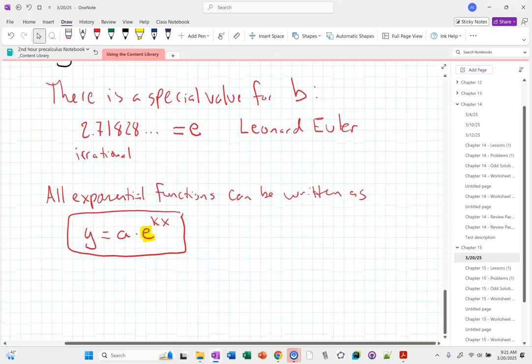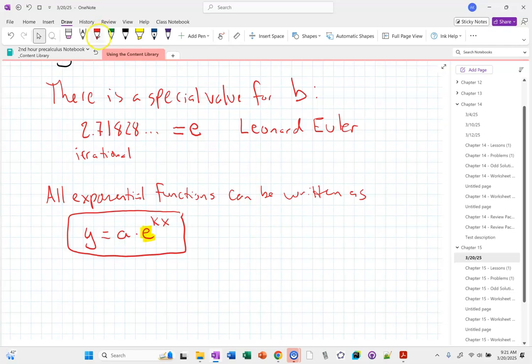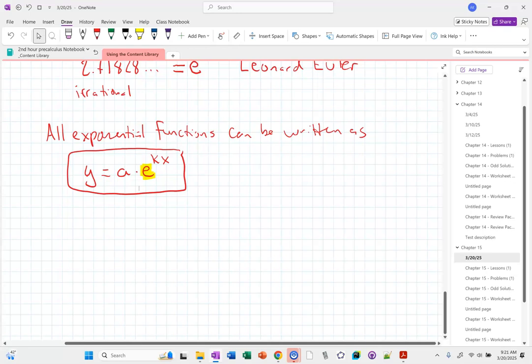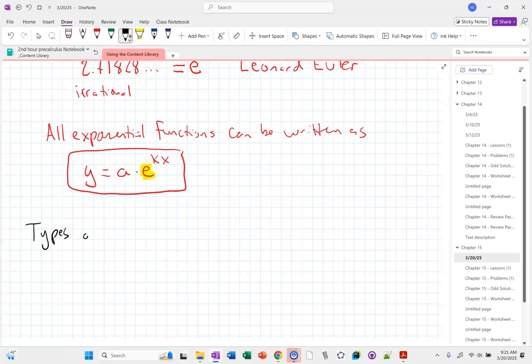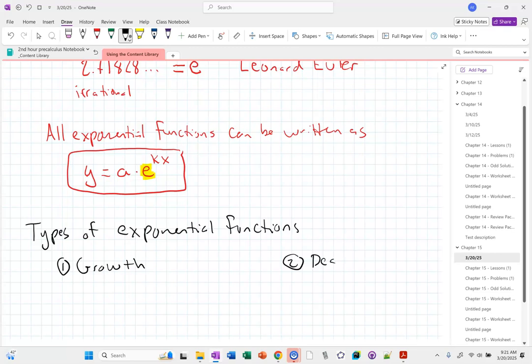When we talk about exponential functions, we typically talk about two types: exponential growth and exponential decay.